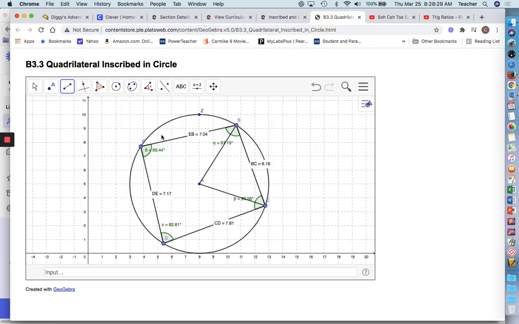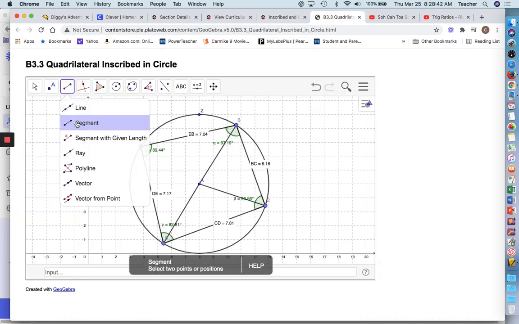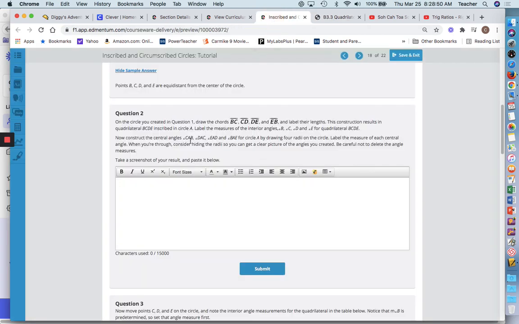DAC. So D to A. A to C is already there, so there's another central angle. EAD. So I'm going to draw a segment from E to A. And A to D is already done, so there it is, and then there's your last one.